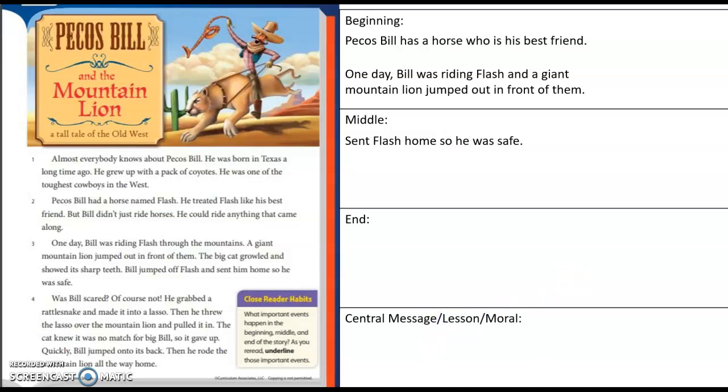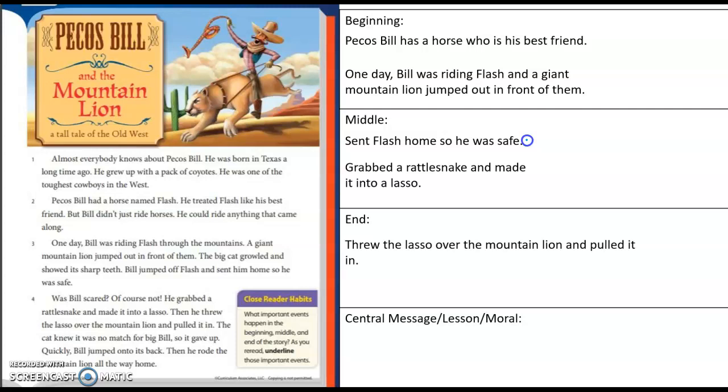Then Pecos Bill reacted. He sent Flash home, so he was safe. I thought it was interesting that Pecos Bill was able to think so quickly to send Flash home to keep him safe. That was pretty good thinking on his part. So after that, Pecos Bill responds by grabbing a rattlesnake and making it into a lasso, which was so clever that he thought, like, I could use that snake to help me.